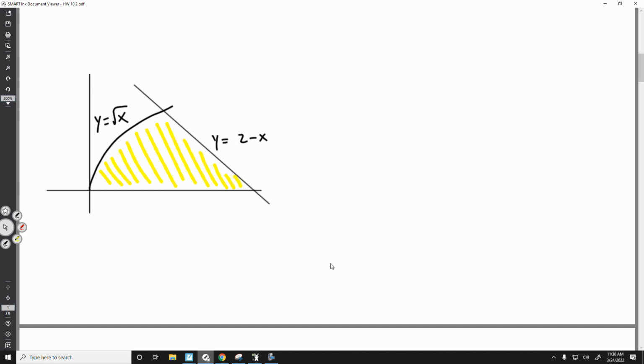What about this one? Again, you don't need it. You can find it. I'm giving it to you because I just want to get to the heart of the matter here. Get this area.